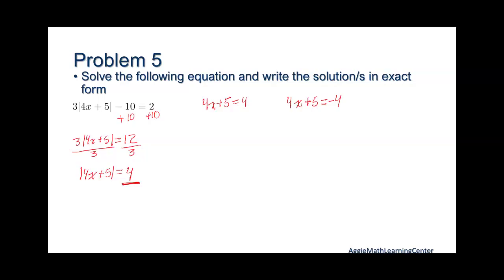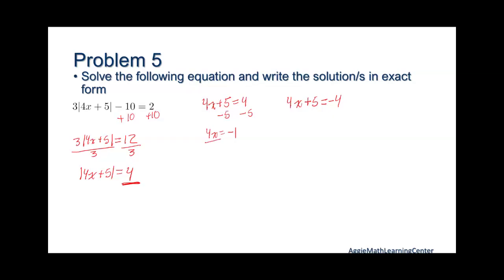And then we'll solve the one that equals +4 first. What do we do? Subtract the 5. 4x equals -1. And then what is the next step?